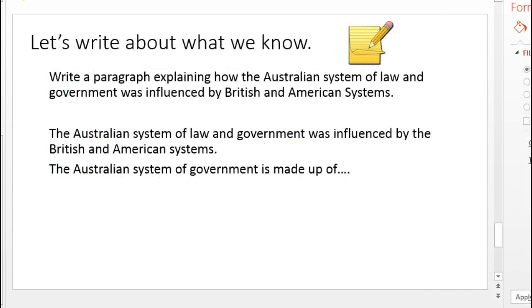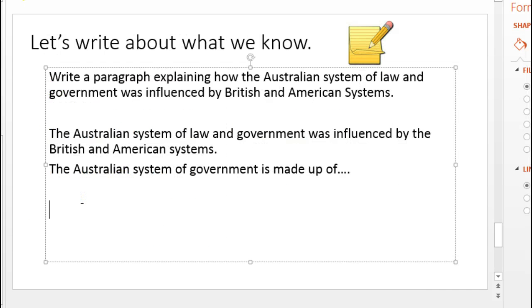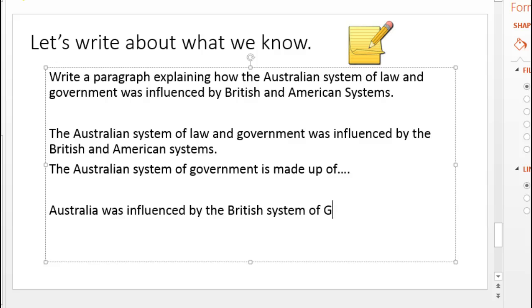So we can say Australia was influenced by the British system of government, we have a head of state. Okay, and then you can continue.